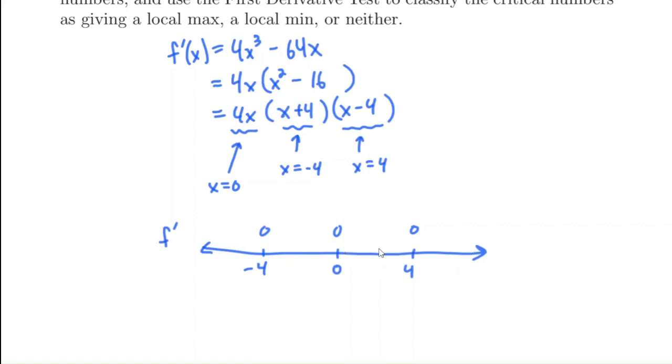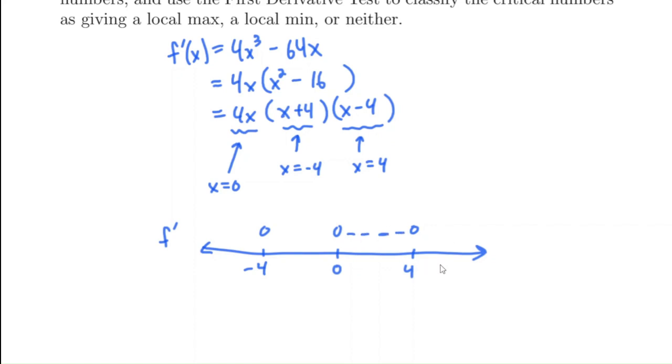If we pick a number between 0 and 4, say the number 3, and we plug it in for x, is f prime of 3 going to be positive or negative? If we plug in 3 here, that'll be positive. That'll be 12. If we plug in 3 here, that'll be positive. If we plug in 3 here, that will be negative. So positive times negative, that's negative. In fact, that's true for any number between 0 and 4. Any number between 0 and 4, we're going to get a negative output.